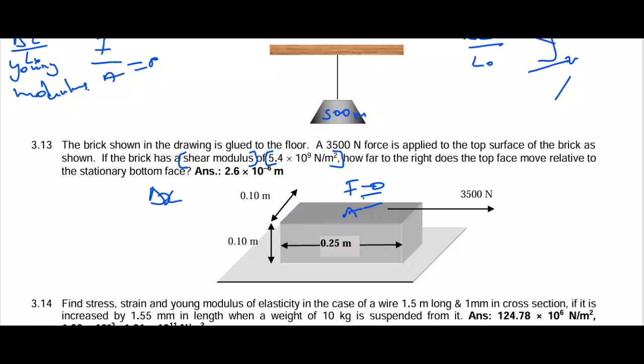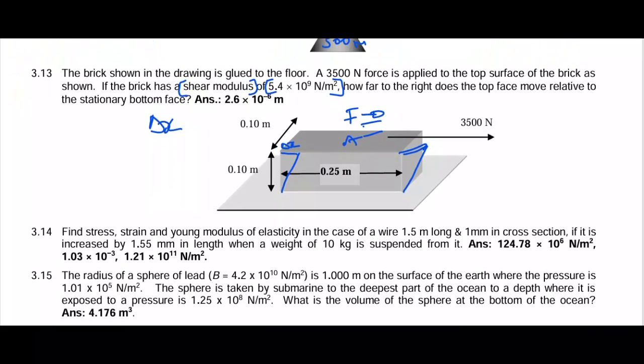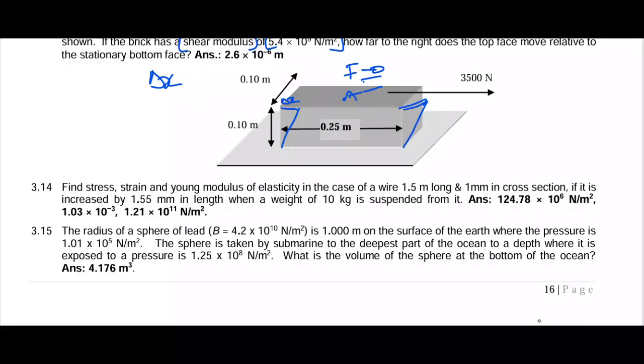Remember, on the other one there was something like this. This one is going to move to the other side, and when it moves, it's the same as this part. So they need the change in x. It's all about that. So find stress, strain, and Young modulus.